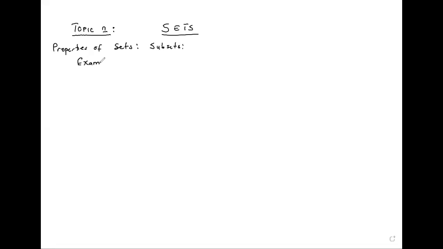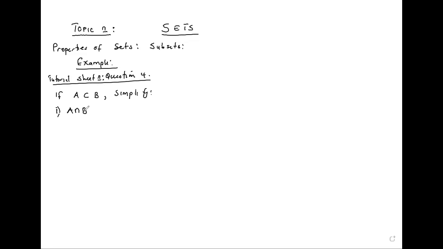An example, which we know is coming from the tutorial sheet question 4: if A is a subset of B, simplify. So I want to check 1. If A is sitting in B, then what is going to be A intersection B?